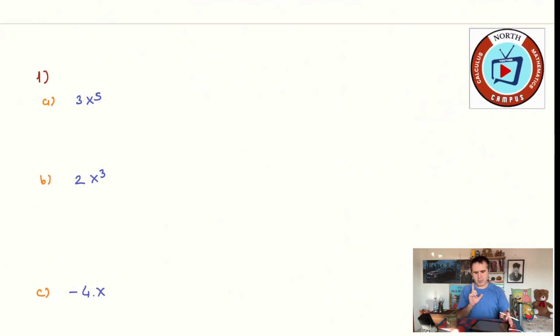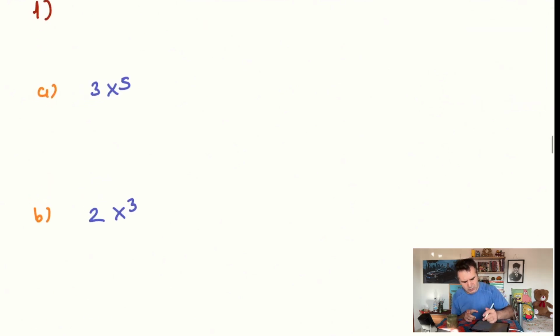Firstly, to take the derivative of the first function, remember that when we have a constant in a derivative, constants do not change how the derivative works. Constants just stay alone for the ride. Then to differentiate 3 times x to the 5, 3 will stay here, and you should also remember the derivative of power functions.